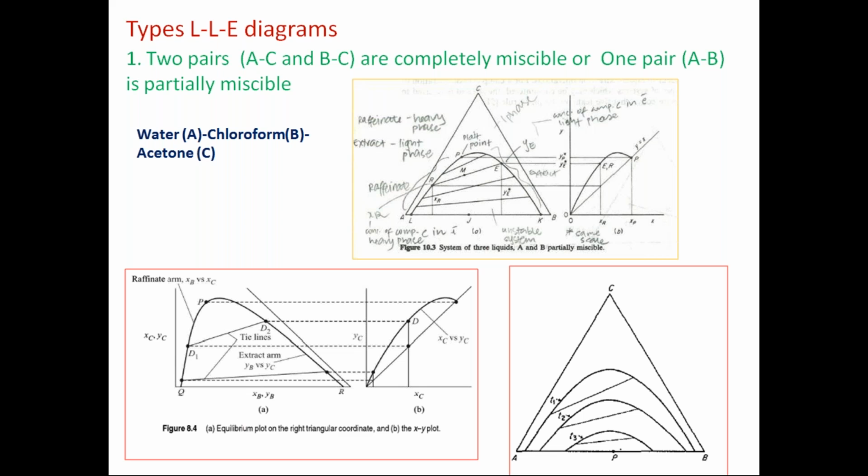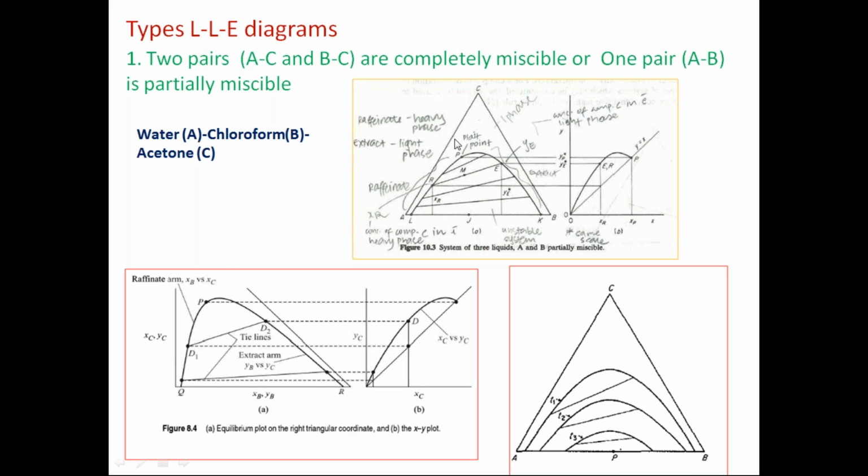So if you have a mixture at this plait point composition, like this much of C and this much of B and this much of A, such a mixture is unable to be separated. It is impossible to separate by using liquid extraction.